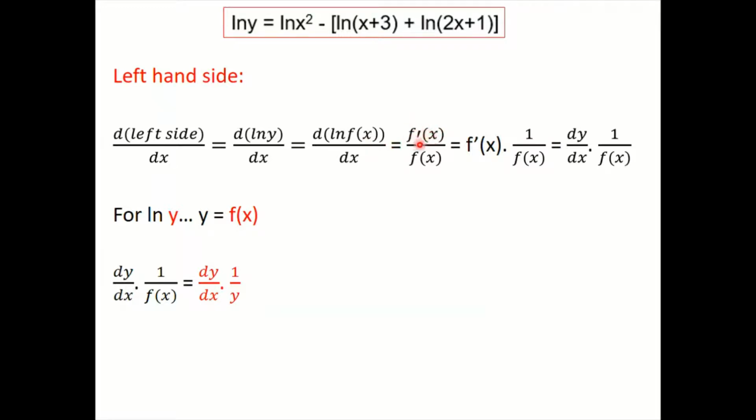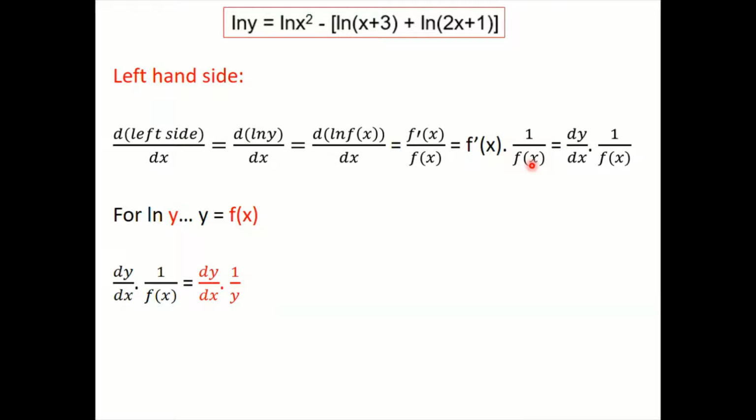That will be in the numerator, and in the denominator we would put the original function. Setting this out slightly differently, we have f prime of x multiplied by 1 over f of x.